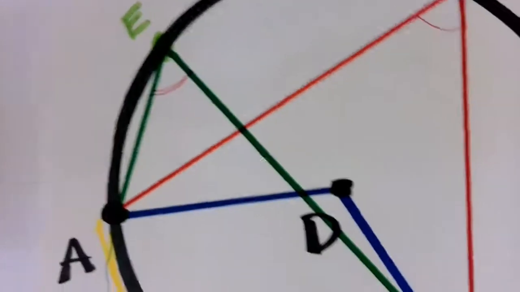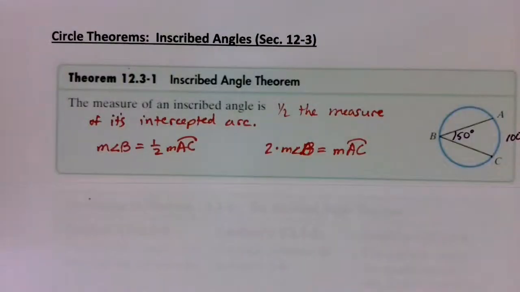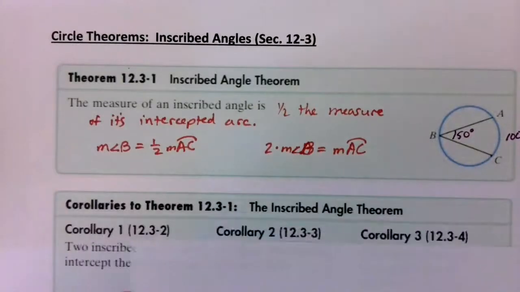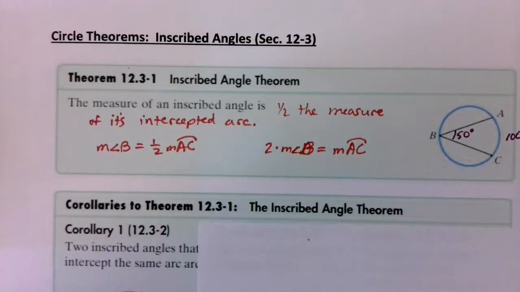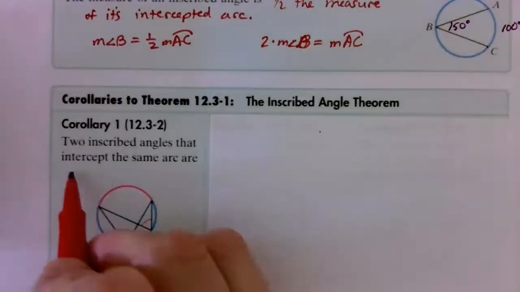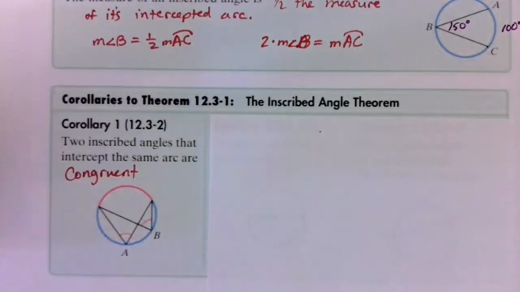So when we have a couple angles that have the same intercepted arc, they're always going to be congruent to each other. So let's just look at this first one here. 2 inscribed angles that intercept the same arc are congruent to each other.